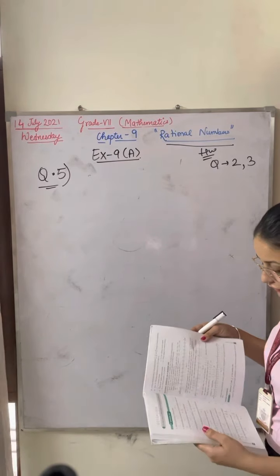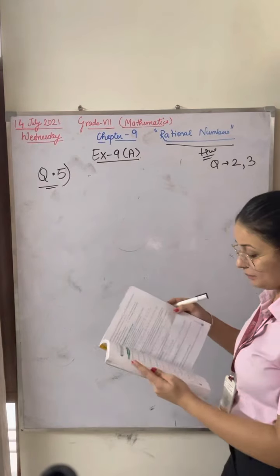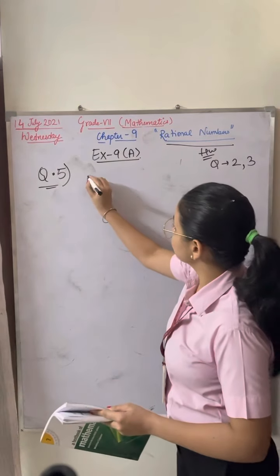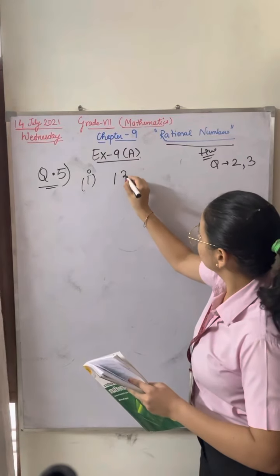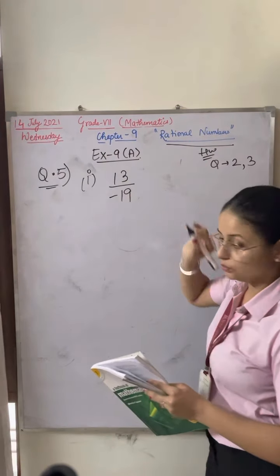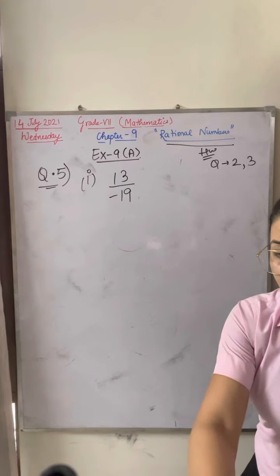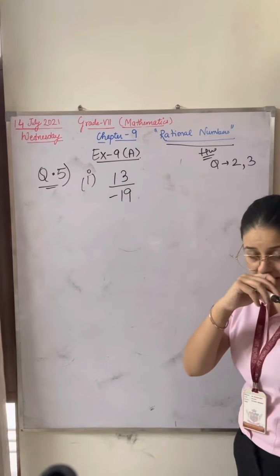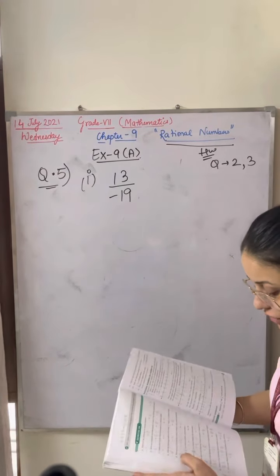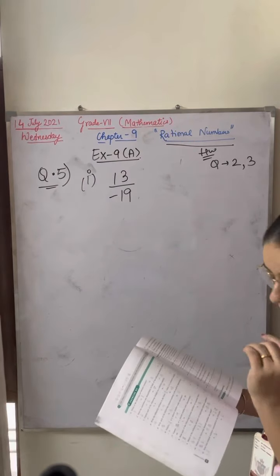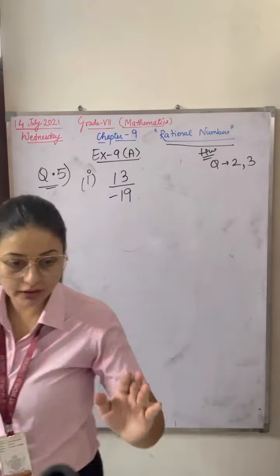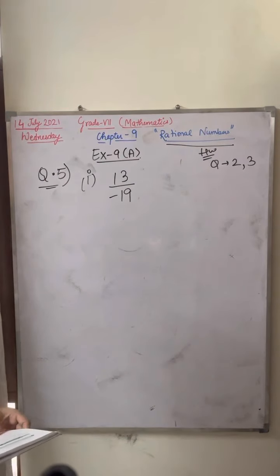Now please tell me how you will write. Take a minute, and please tell me the meaning of the question. Write each of the following rational numbers with a positive denominator. How will you give the answer? I'm giving you a minute. Please see to it and give me the answer.